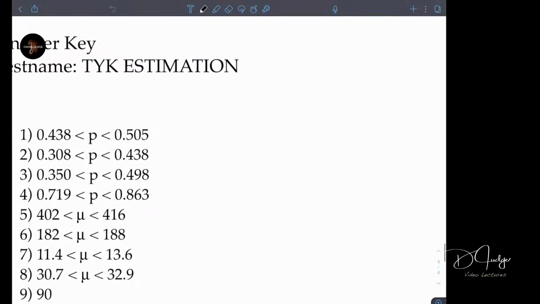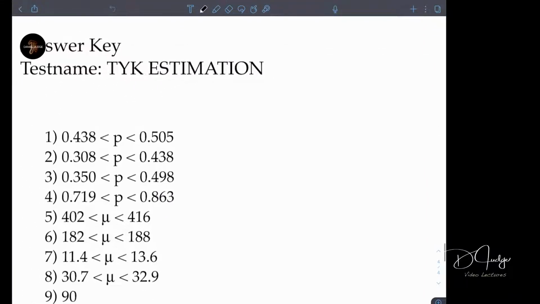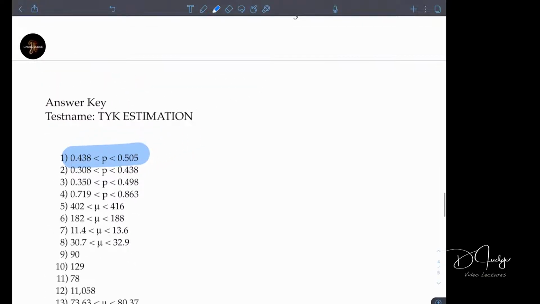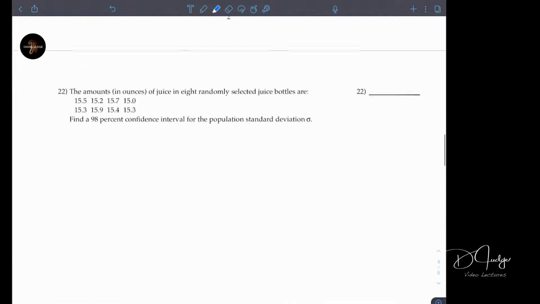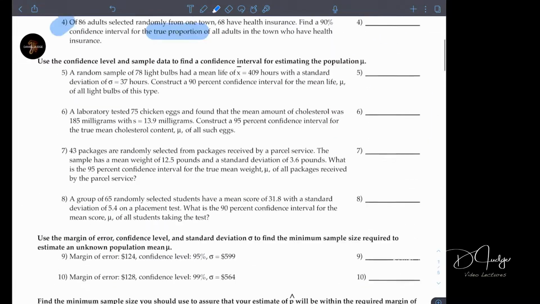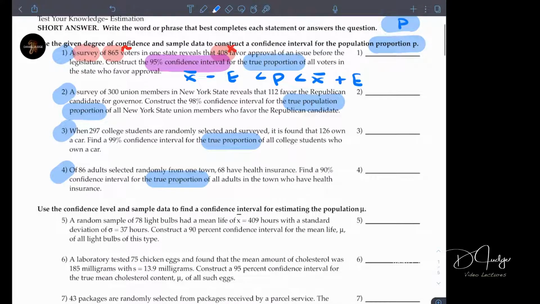It looks like we're okay. Question 1, ladies and gentlemen, we got the same answer. All right, that's good. Okay, so let's take a look at question 3. We're going to do the odds, ladies and gentlemen. You could do the evens here.